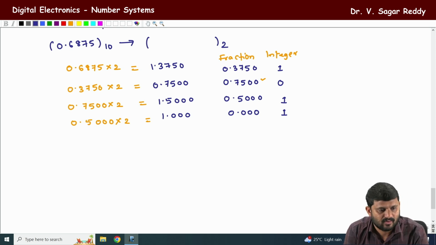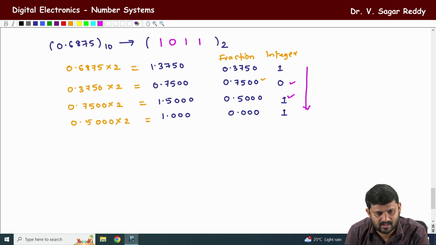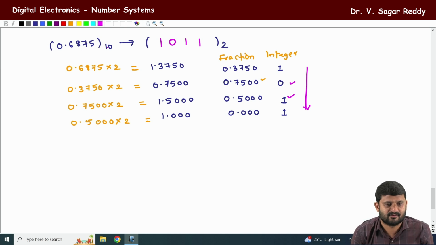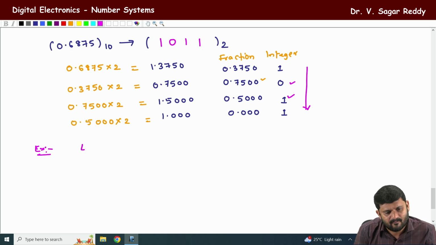Clear? So now, what is the binary equivalent? Top to bottom we take: 1, 0, 1, 1. This is the binary equivalent for the given 0.6875 in decimal.